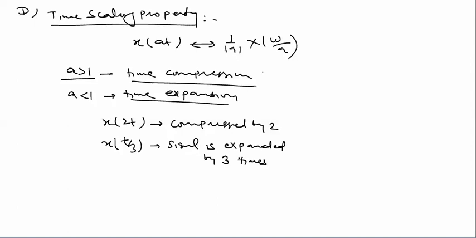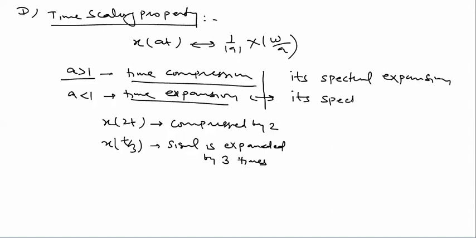It is just the reverse in the case of the spectrum. If the signal is time compressed, in the frequency domain the spectrum is expanded. It is spectral expansion. If it is expanded in the time domain, it is spectral compression.